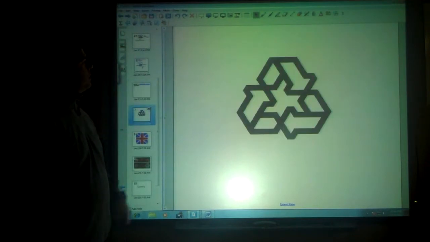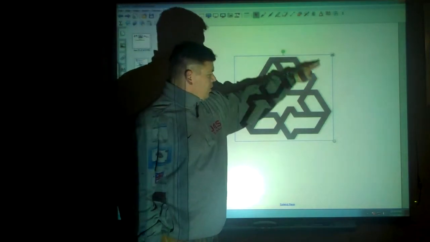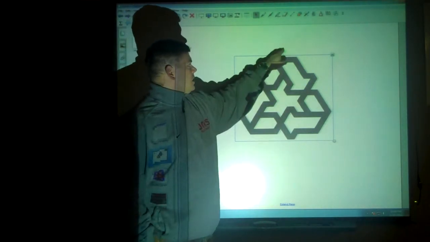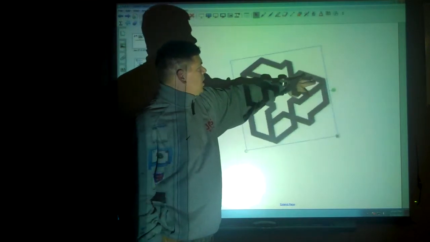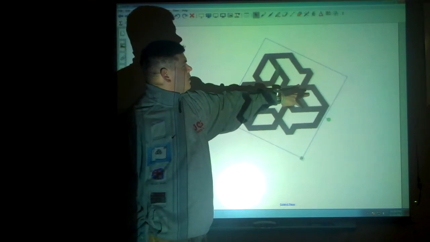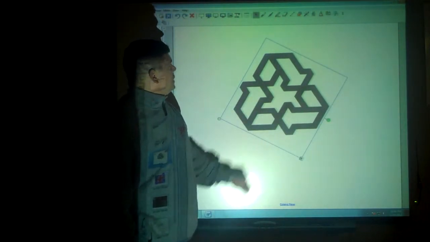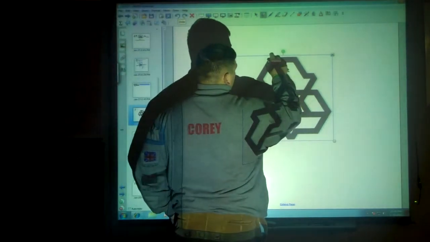So here's an object. If we rotate this, now this is the top. If I go all the way down here to the bottom with my finger, that'll be a 180 degree rotation. But this shape actually maps onto itself before I make a complete 180 degrees. We go back, I draw a line right here.